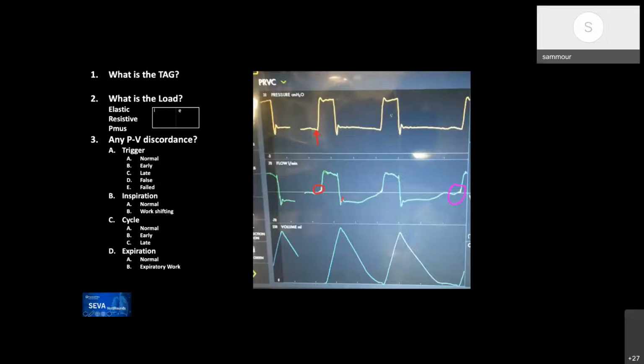I don't see massive deflections to suggest the patient providing work on the ventilator, but I don't know what to say about that. From a cycle perspective, you could argue, given the slow decline due to the increased airway resistance, that this is relatively early cycling. But I think that's a matter of perspective at this point.